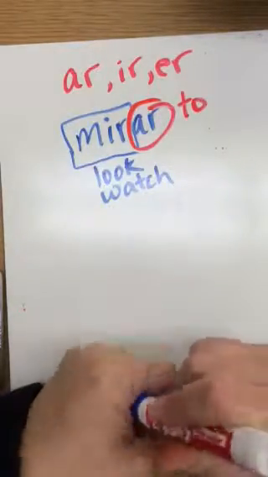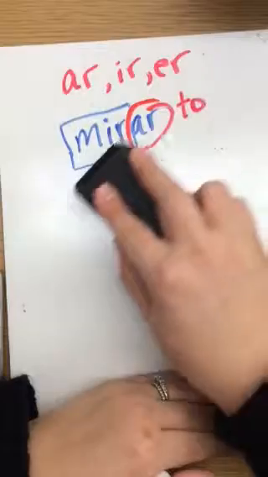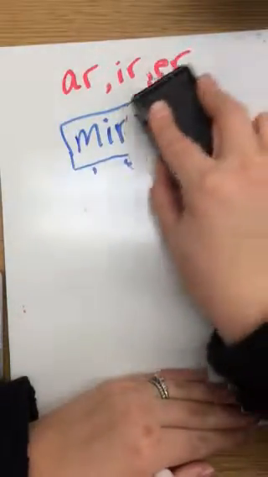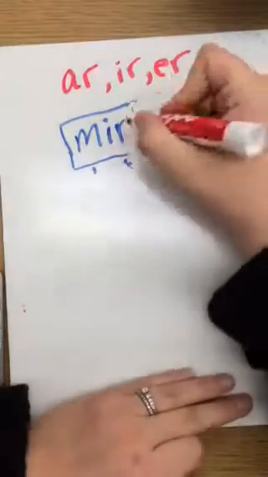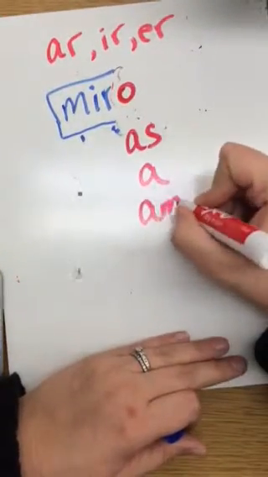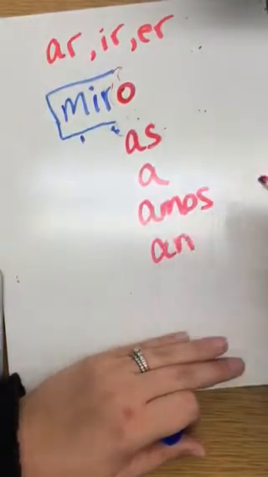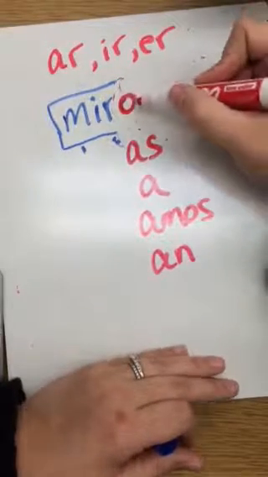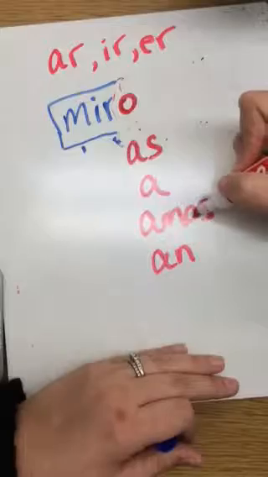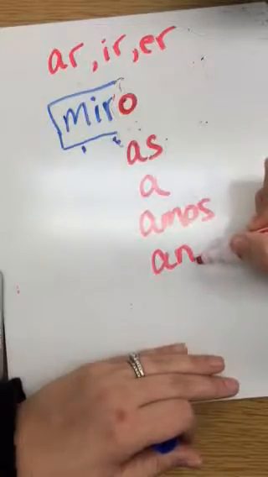But as soon as I want to put a person in there, I've got to get rid of that to part, change the ending to be a person. So if you remember, I saw things like o, as, a, amos, and an. Okay? I, you, he or she, we, they, or y'all.